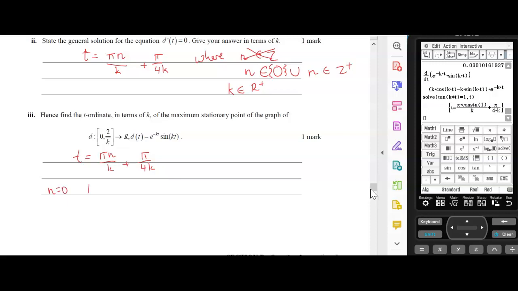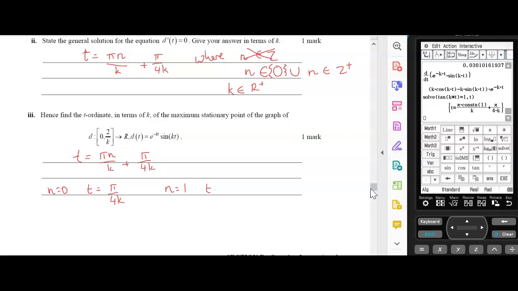So when n equals 0, we're going to have t equals pi times 0 on k, so that's just 0, so it's going to be pi on 4k. And we can actually substitute in other values of n, so we can go on and do n equals 1, which is the next integer.